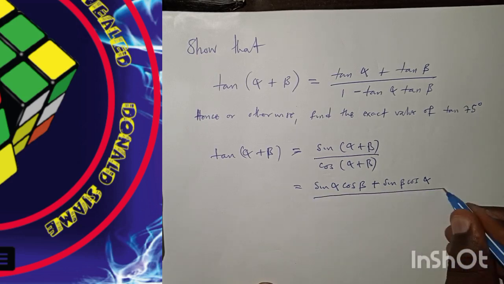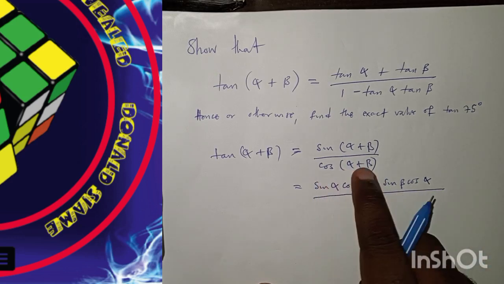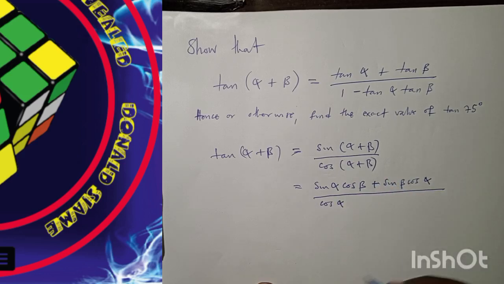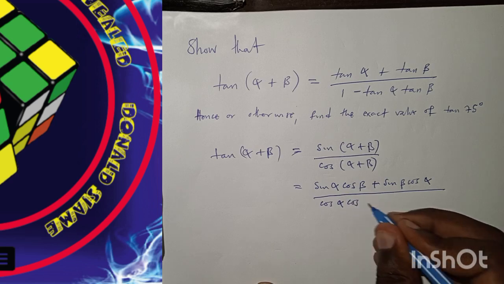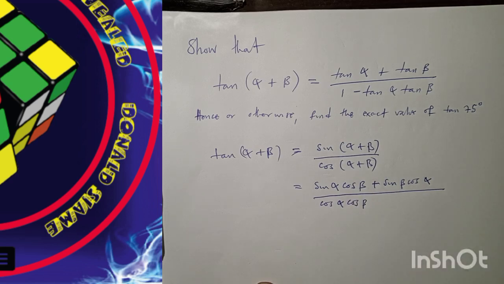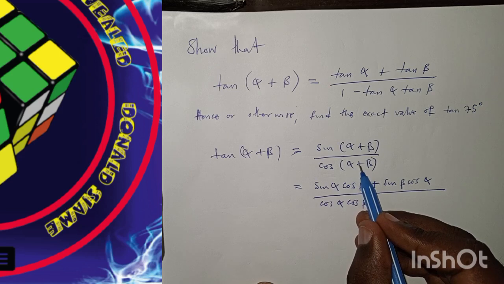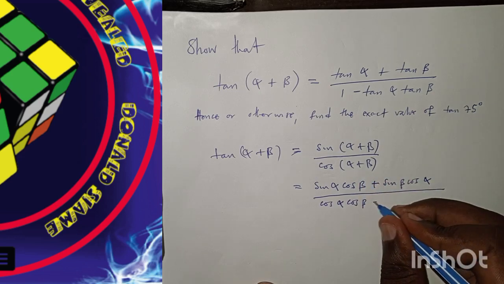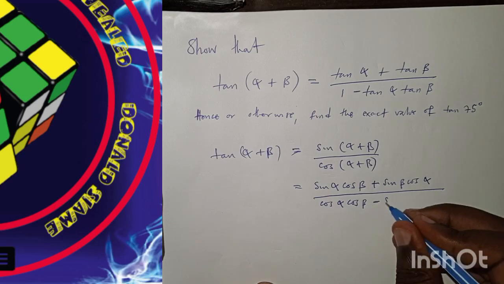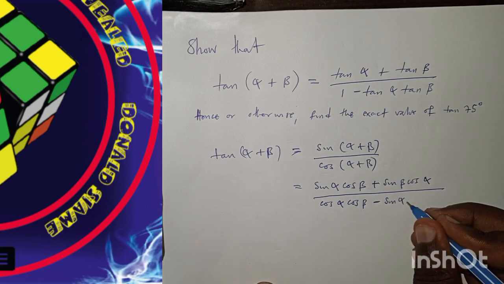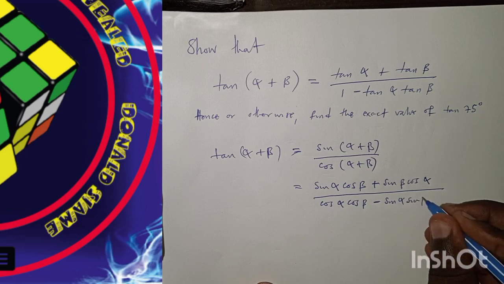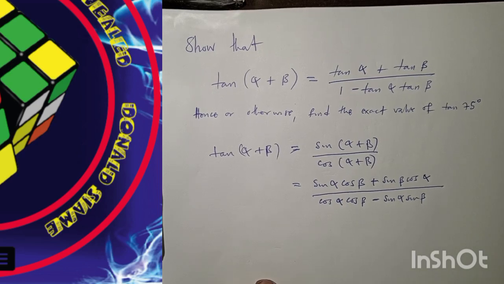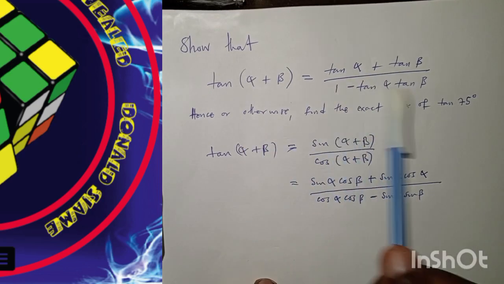Then this is over the identity for cos of alpha plus beta, which is cos alpha multiplied by cos beta. For cosine, where there is addition, we change to subtraction, so we are going to have minus sine alpha sine beta. We want to show that this is equal to this.